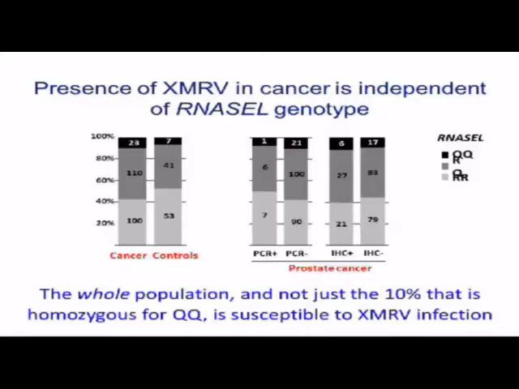So here are the cancer people and control people with the 3 different genotypes, and there's really no difference between cancer with XMRV, cancer without XMRV, controls with XMRV, controls without XMRV. They all have the same frequency of alleles. What is the implication of that? The implication is that the whole population, and not just the 10% that's homozygous for this allele, is susceptible to XMRV infection.